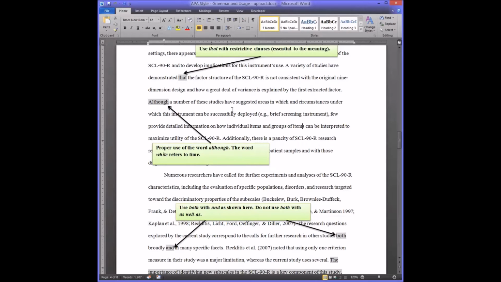And in the vernacular, this is very common. The word while is used even though it refers to time. But in APA style, we have to distinguish between the two. So looking at this sentence as if it had the word while in it, clearly it's not referring to time.